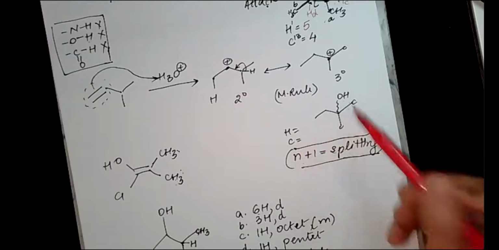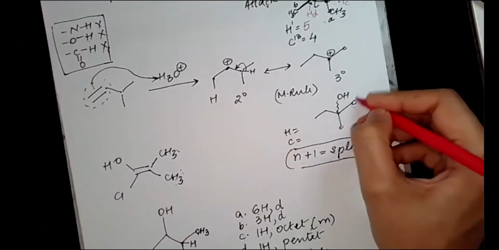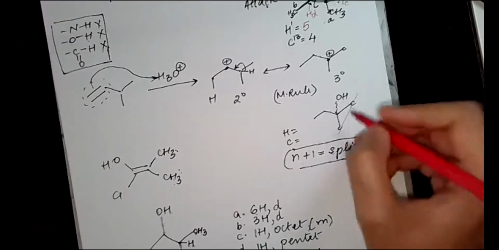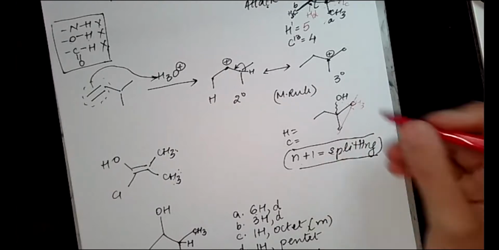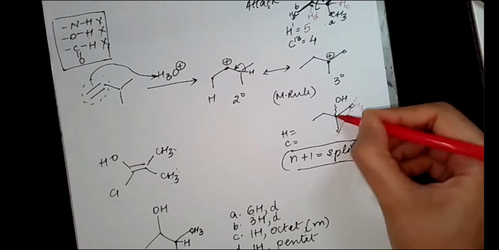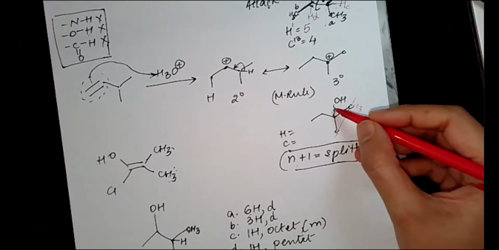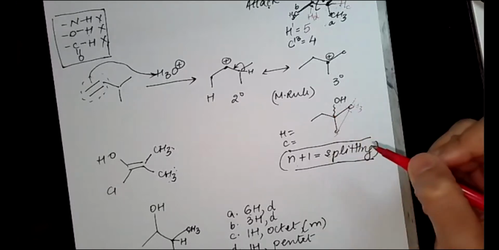So how many types of hydrogens do I have here, and hence how many hydrogen peaks will I see? Both of these are exactly the same methyl groups, so the hydrogens on these will be equivalent. There is no space for a hydrogen on this carbon. This carbon already has 4 bonds, 1, 2, 3, 4, so no hydrogen here.